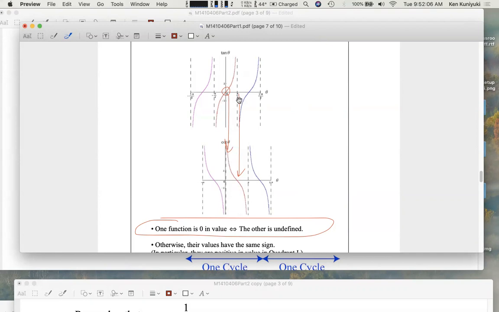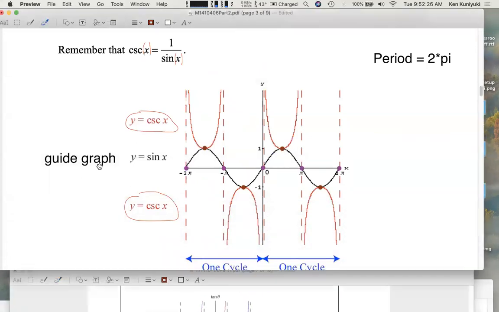When tangent is undefined, and we have a VA for the tangent graph, that corresponds to an intercept, a 0, for the cotangent graph. So the zeros or intercepts for one graph correspond to the VAs for the other graph, where the other function is undefined. Well, we have the same relationship between this black guide graph for sine of x and this red graph for cosecant of x.